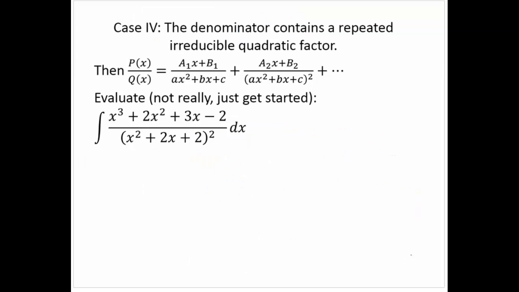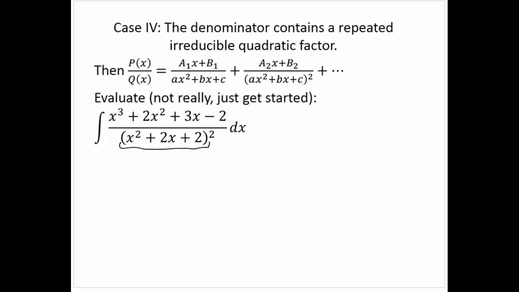The fourth case is what happens if we have repeated irreducible quadratic factors. So if we consider this exercise where we have x cubed plus 2x squared plus 3x minus 2 over x squared plus 2x plus 2, squared. This x squared plus 2x plus 2 is irreducible over the real numbers. We can't factor it any further.